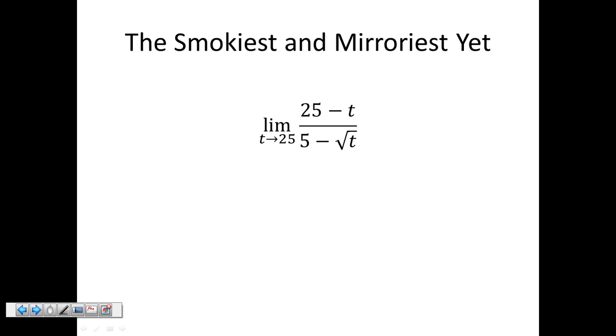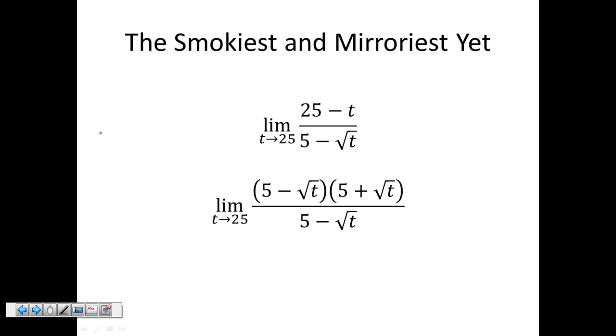I do get 0 over 0, so now I need to figure out how to cancel stuff. The reason this is the smokiest and mirroriest one yet is that I'm going to treat that top like a difference of squares. What? There's no square on that t. How do you do that? Well, t can be treated as a square because t is the square root of t squared.